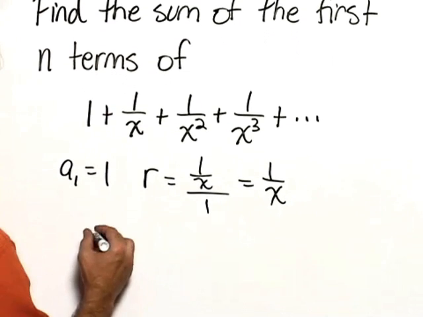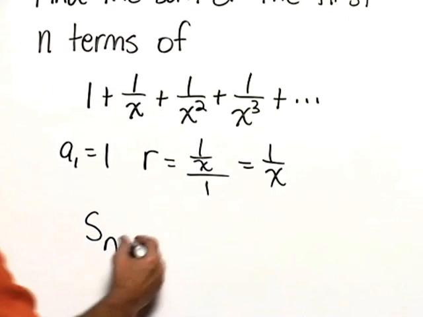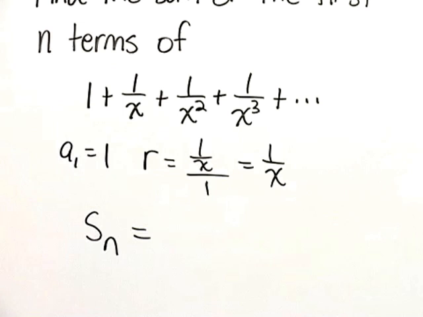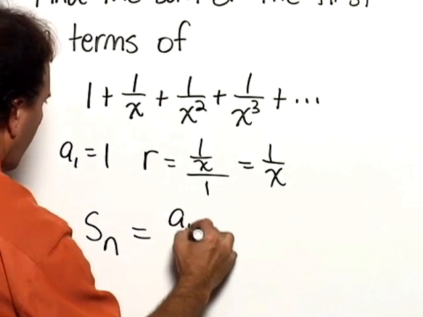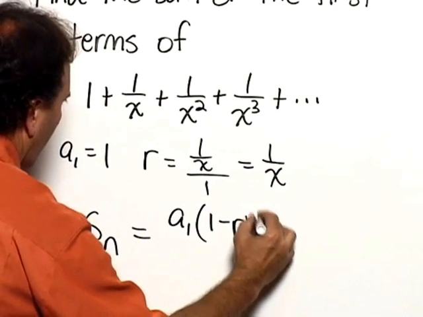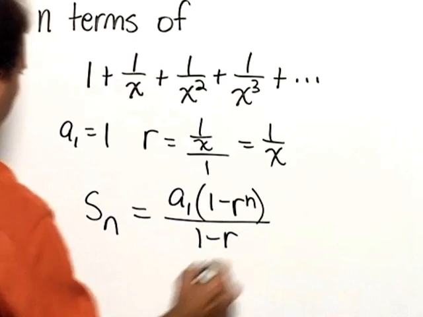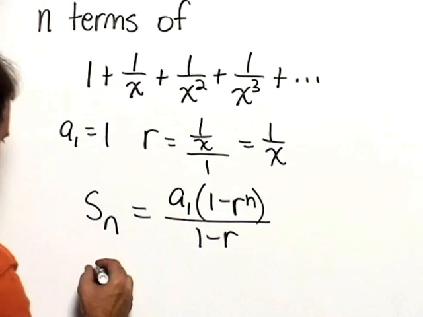Now the formula for the sum of the first n terms, the general formula for that, is S sub n is equal to a sub 1 times, in parentheses, 1 minus r to the n divided by 1 minus r. We can now make our substitutions.